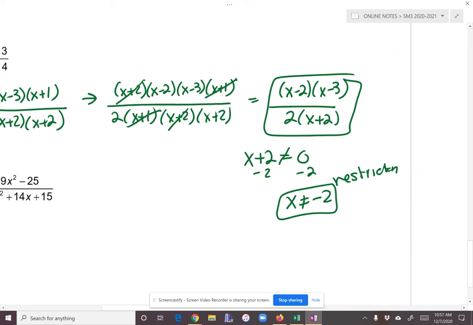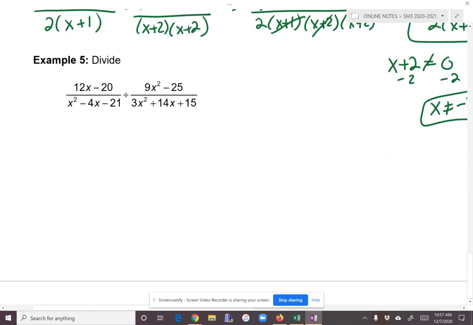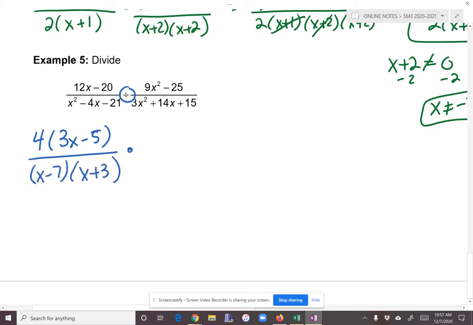Okay, and then the last one we're going to do, same thing, same 5 steps. I'm going to stick to it, but notice this is division. So I'm going to flip it, but factor at the same time. So the first one, when I factor, I can take out a 4, and I'm left with 3x minus 5. And then the bottom is x minus 7, x plus 3. Then I'm going to flip it.